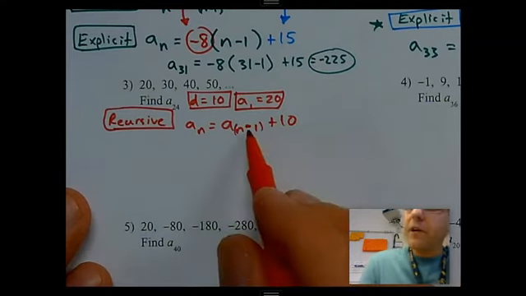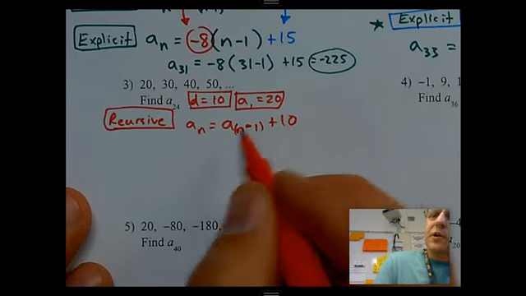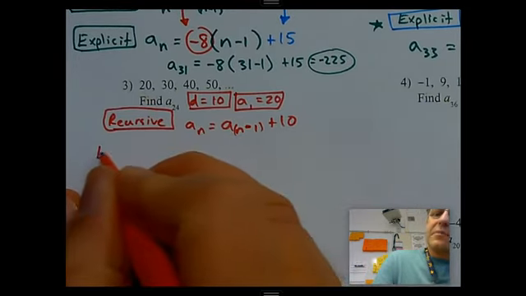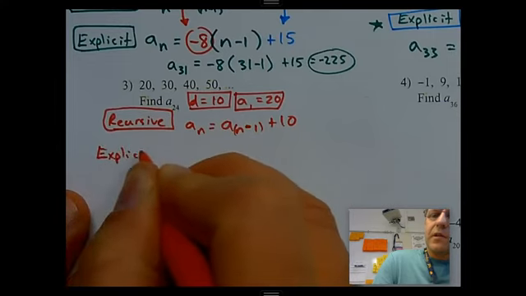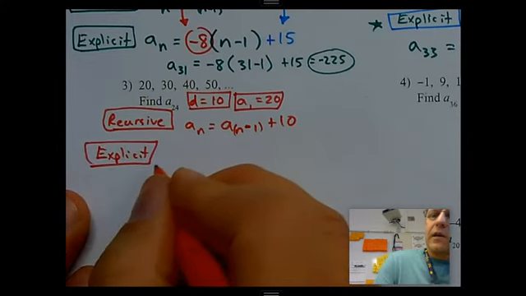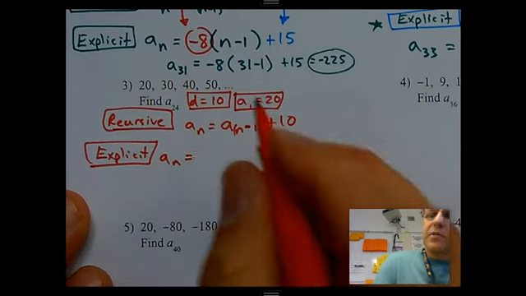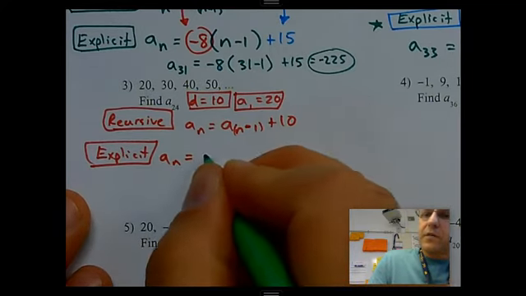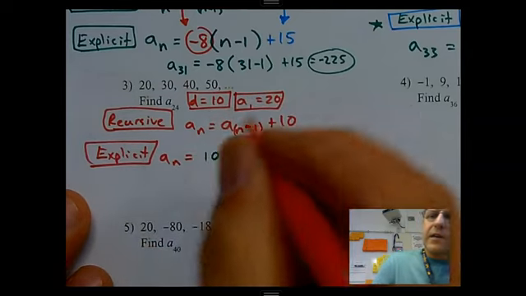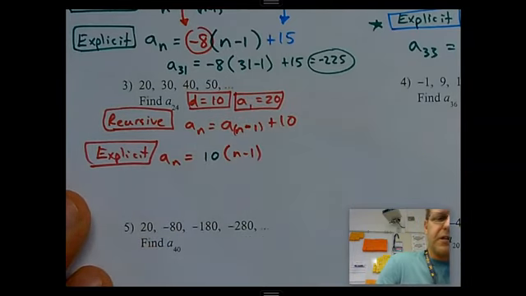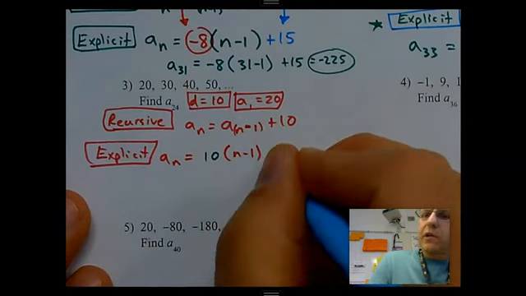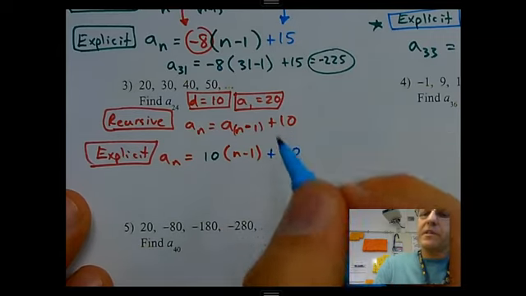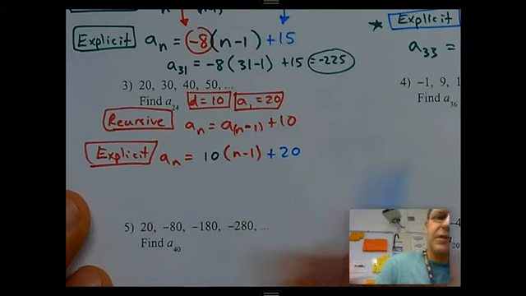I didn't write it very low, but that's in subscript. So a sub n minus 1 plus 10. And then the explicit formula is a sub n is equal to the common difference, which is 10, times n minus 1 plus your first term. All right, those are the pieces that you need. You need the common difference and the first term.